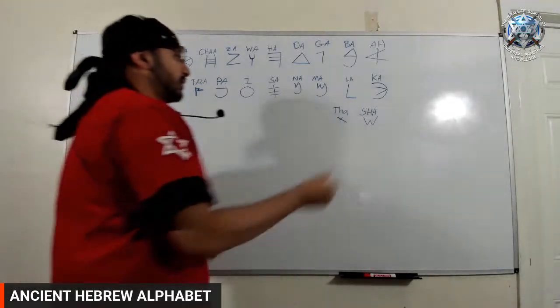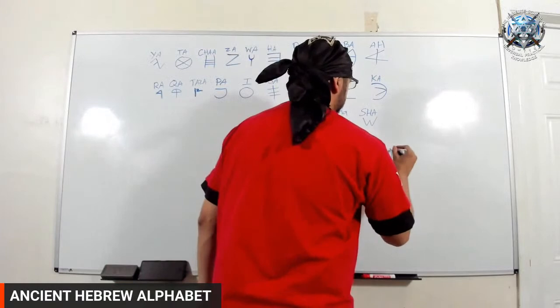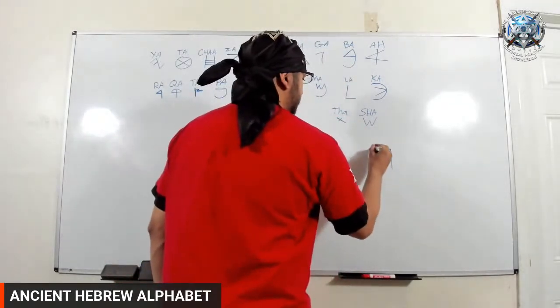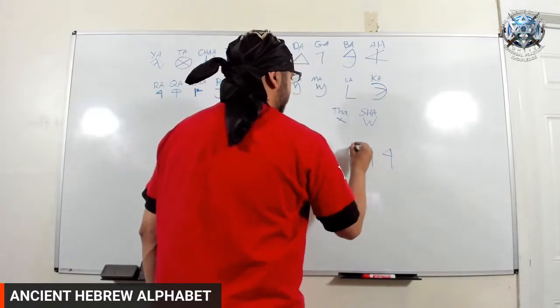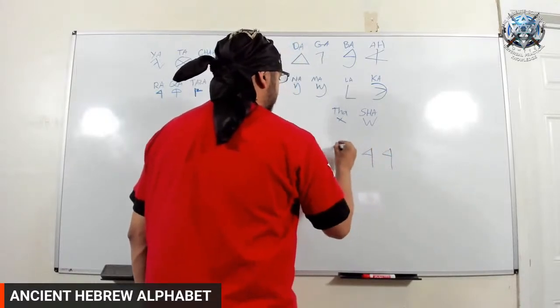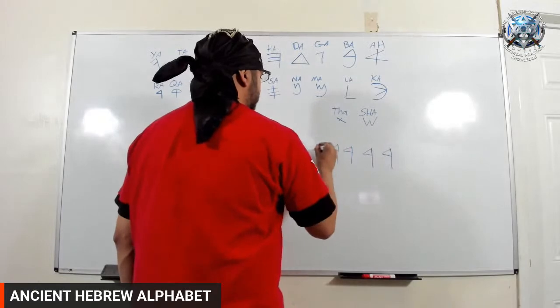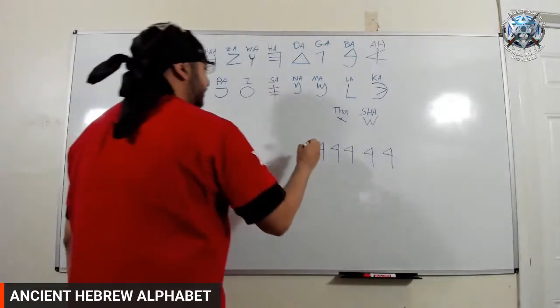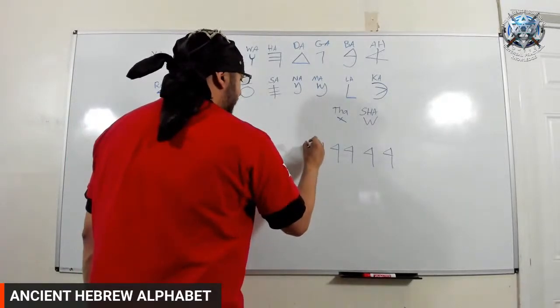Next one, Ra. Ra. Almost like a flag, right? Ra. Or like you're starting to write the letter R, but it's backwards. You're just not putting that last line there. Ra. Ra.